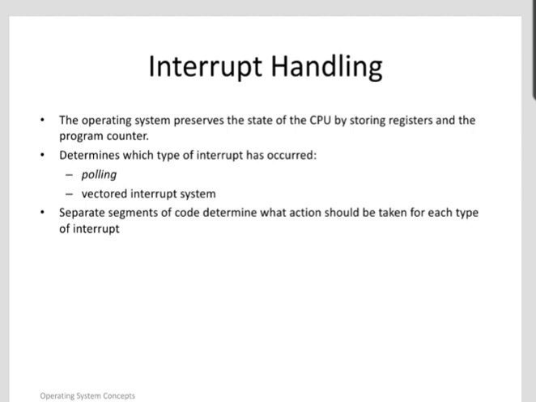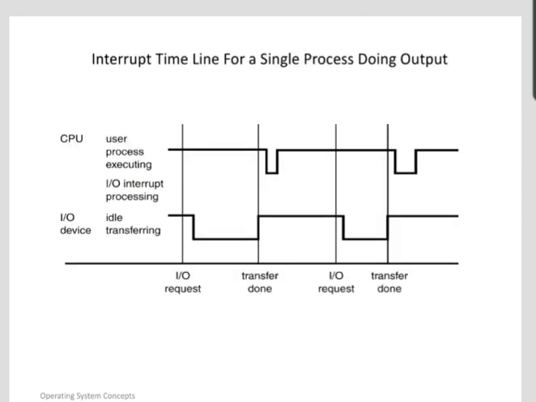The separate segment of code determines what action should be taken for each type of interrupt. This diagram shows the interrupt timeline for a single process doing output.